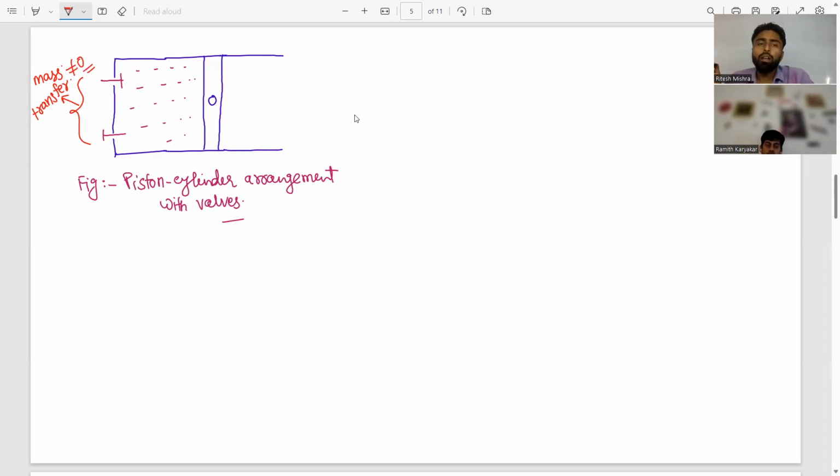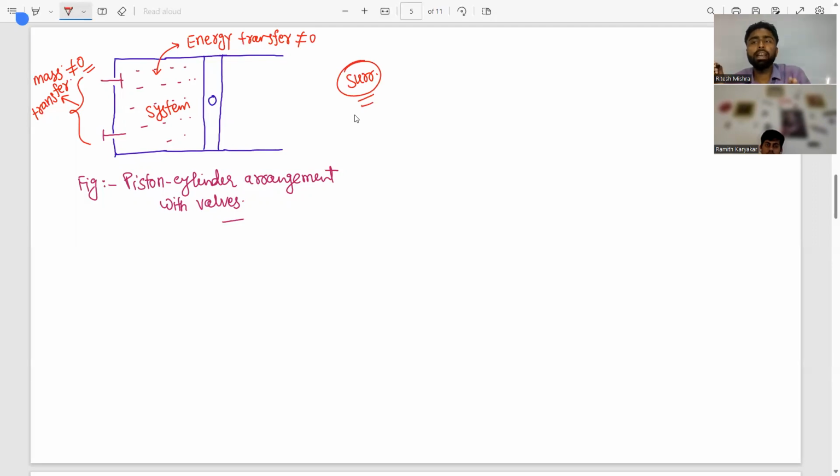And here energy transfer also occurs. Let us assume this working substance is at a higher temperature than the surroundings. Then from the system to the surrounding, heat transfer occurs. This is your system, and outside the system is called the surrounding.